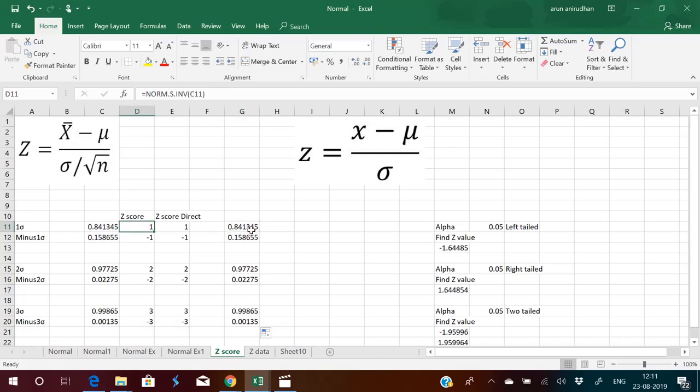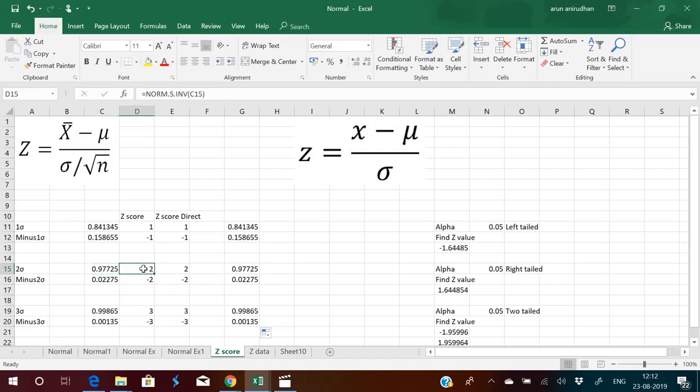NORM.S.INV and NORM.S.DIST. Same way you can find for 2 sigma. So for 2 sigma, what will be the mark? This is 2 standard deviations away, so it is 80: 60 plus 2 standard deviations.